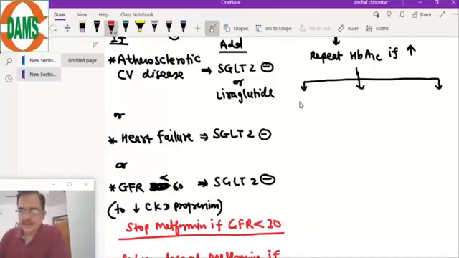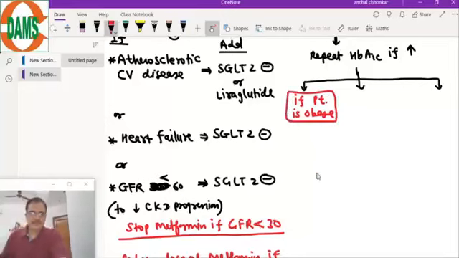So if patient is obese, therefore recall back the importance of weight. Why these questions are asked in your exams, which drug causes weight loss, which is weight neutral, and which is weight gain drugs.